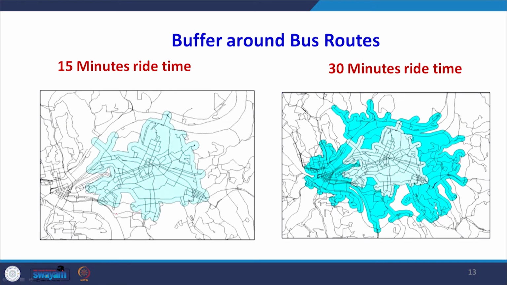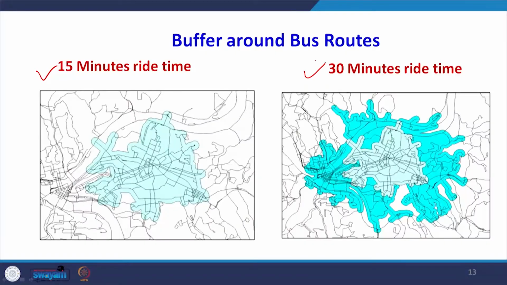If we create the buffer around the road, we would like to know how much area you will cover within the campus if you take a ride for 15 minutes. That light shade here indicates the area which you can cover in 15 minutes when you are travelling by road within this campus.